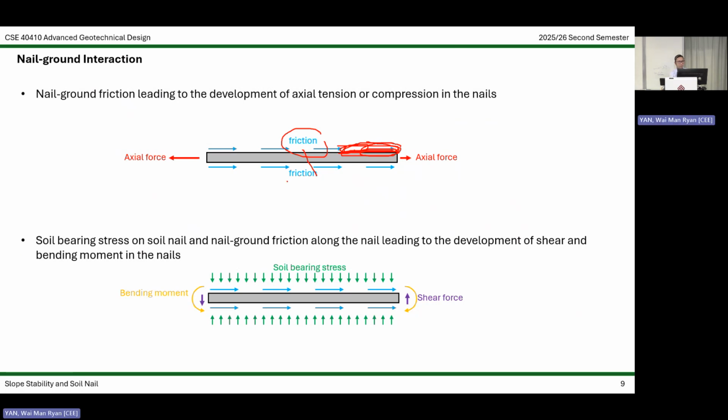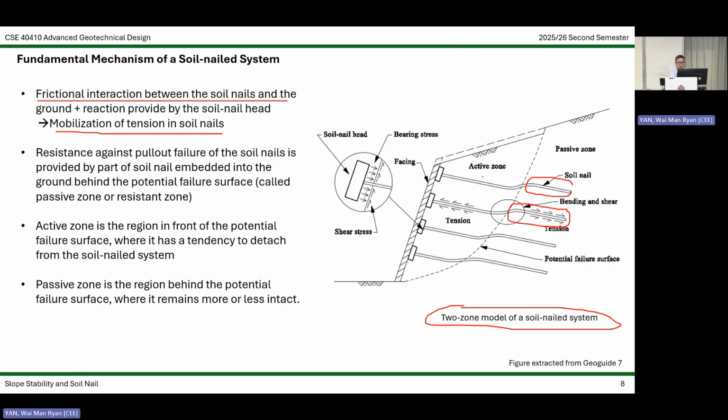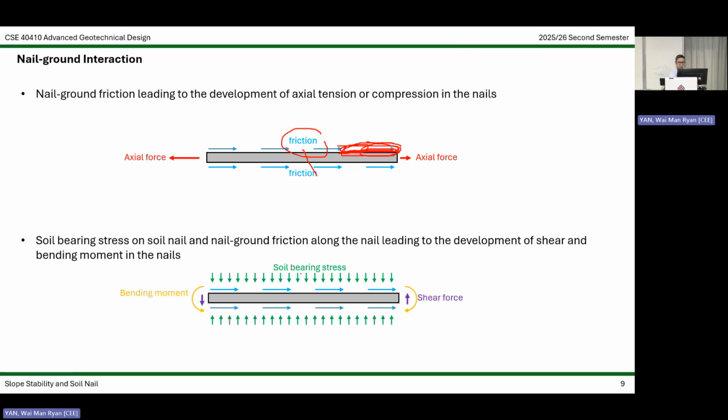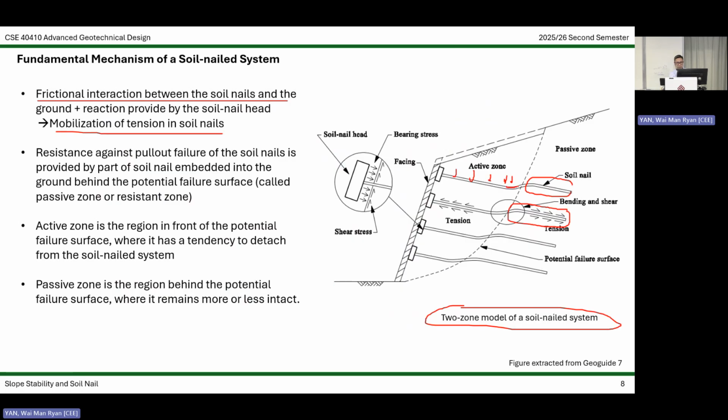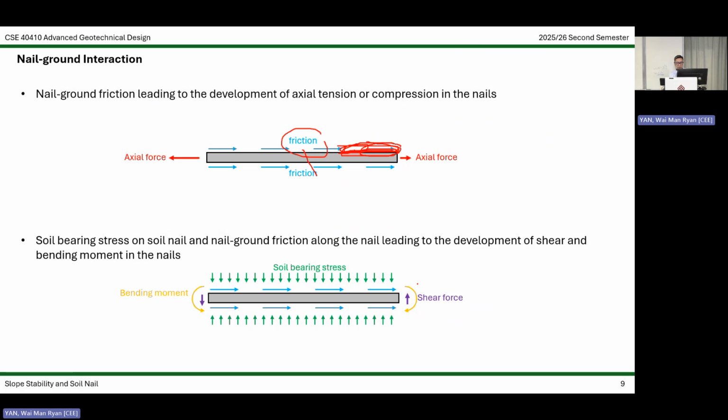And apart from these mechanisms, if we make it a little bit more complicated, because of the soil, you also have some overburden acting on the nail in the form of confining stress. So it's clear to have this green arrow, the soil bearing stress acting on it, and because it may bend, at the same time you may consider there must be some shear forces and some bending moment along the nail itself.